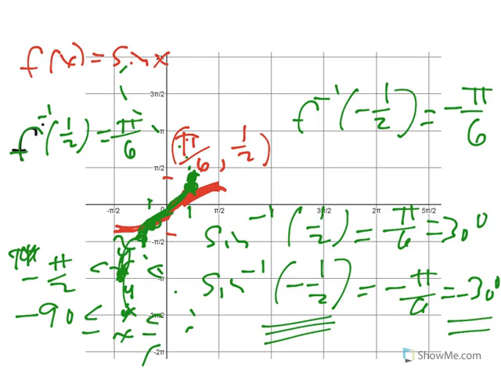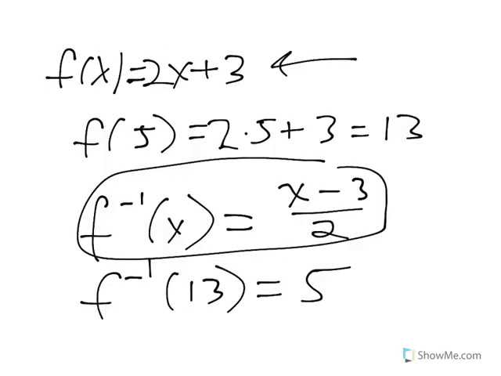The x value for that is between negative 90 and 90. Now I want to compare this to something that looks like almost the same idea, which is sine x equals 1/2.